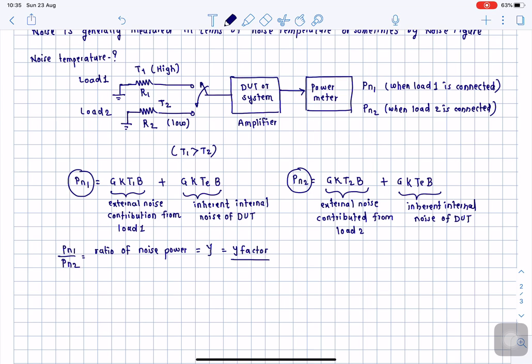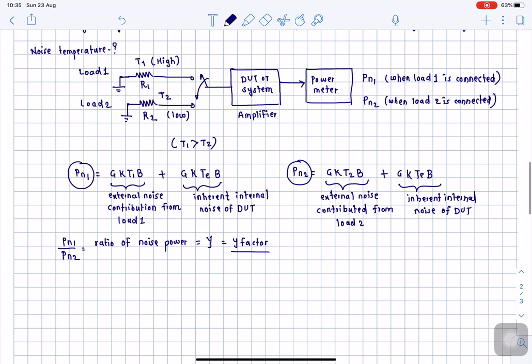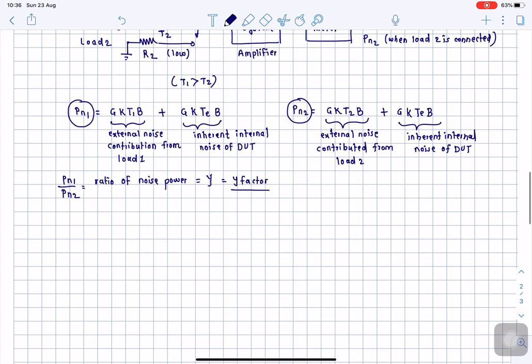So here on the right hand side of these two equations, one common term is always present, that is the inherently present noise, right? If we take this ratio, then we can calculate the internally present noise by making use of this Y factor.